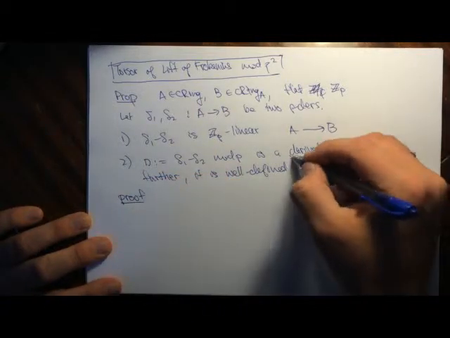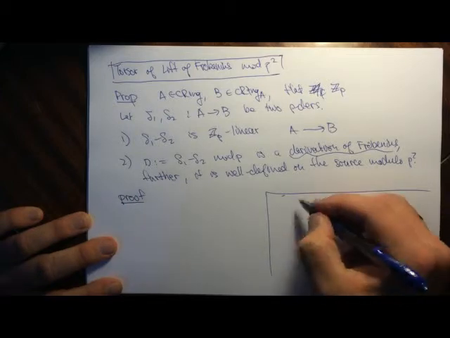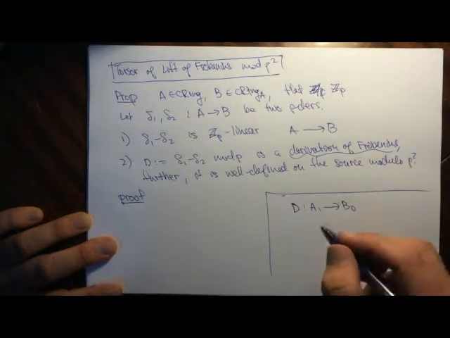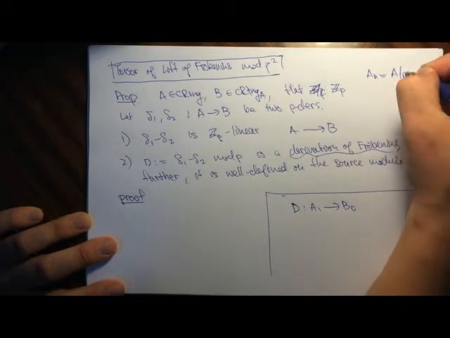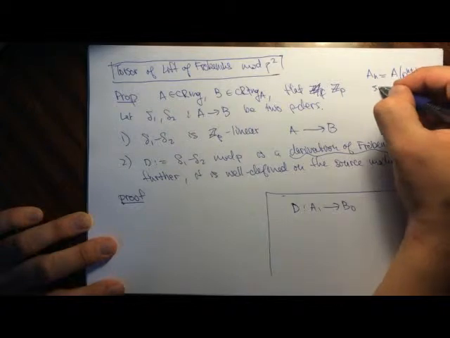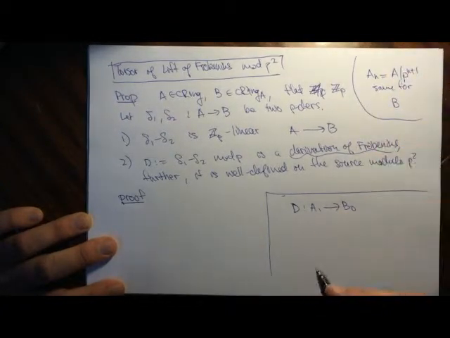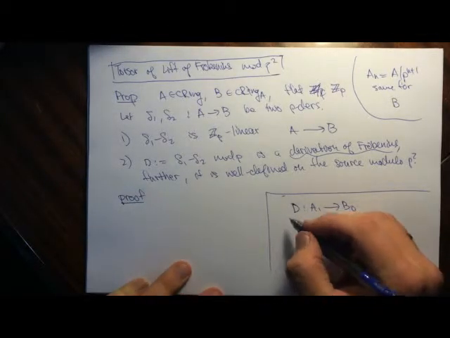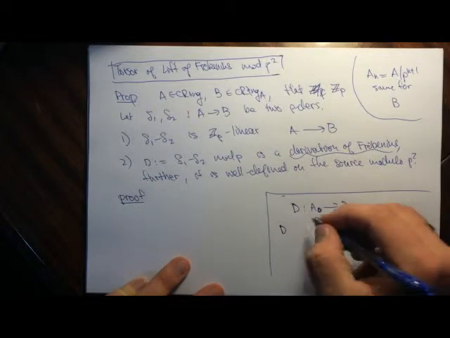And let me see what a derivation of the Frobenius is here. Let me do this in a box here. So this is a map from A^1 to B^0. I'm going to use the notation that A^n is A mod p^(n+1), and the same for B. So this is a map like this, and a derivation goes from here to here.